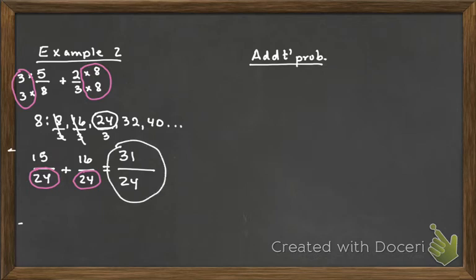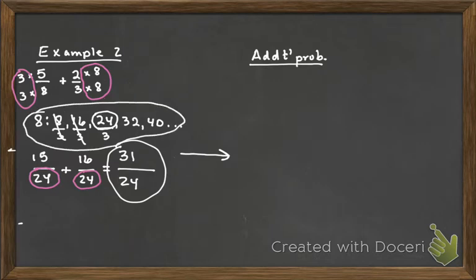So the other method that we could use, and I'm going to do that over here, which is a simpler method, would be just to look at your two denominators. They are 8 and 3, and just multiply them together. Okay? So that's the other method that we would do if you don't understand using the multiples of the larger.